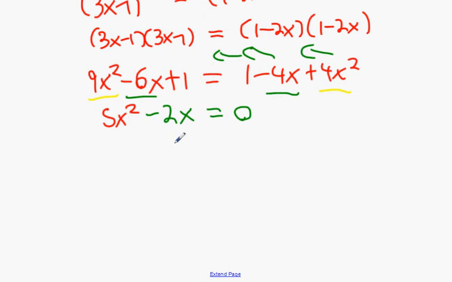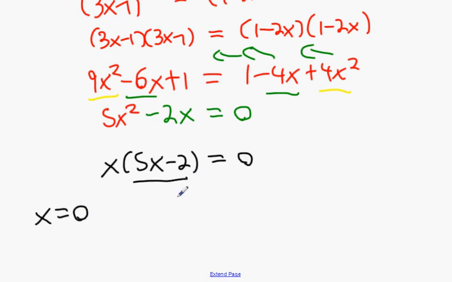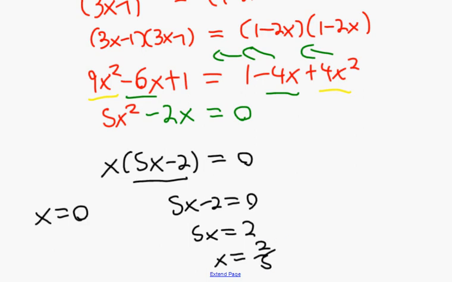What can I take out in common? Then what's left over? Then what do we do? X equals 0, or 5x equals 2, x equals 2 over 5. Okay, that's questions 2 and 11.